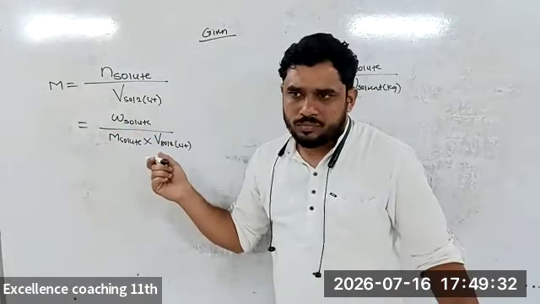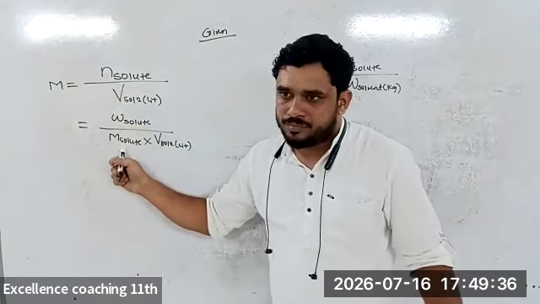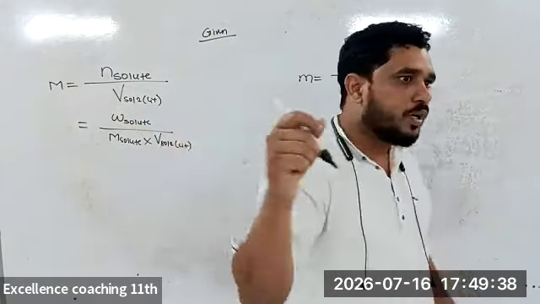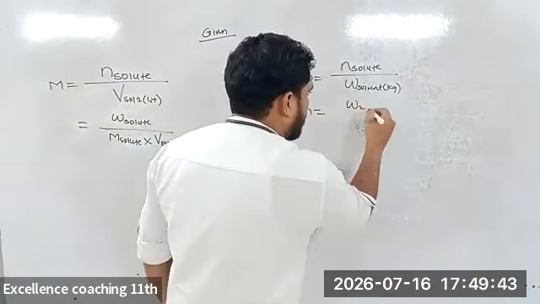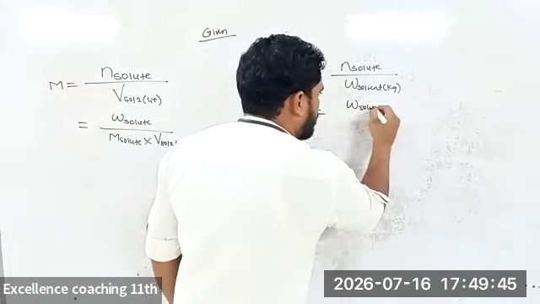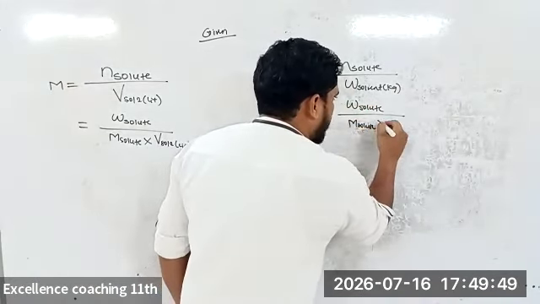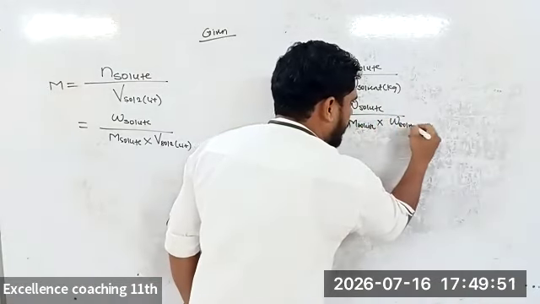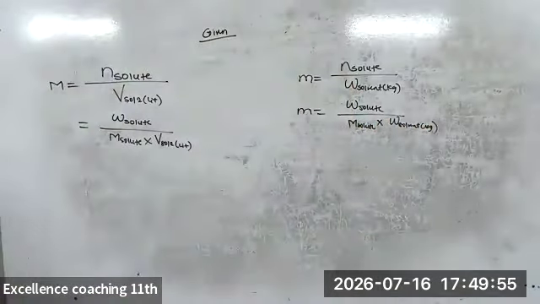Yes or no? This you know. It can come in the denominator. Next, again I will write here mass of solute upon molar mass of solute into mass of solvent in kg.